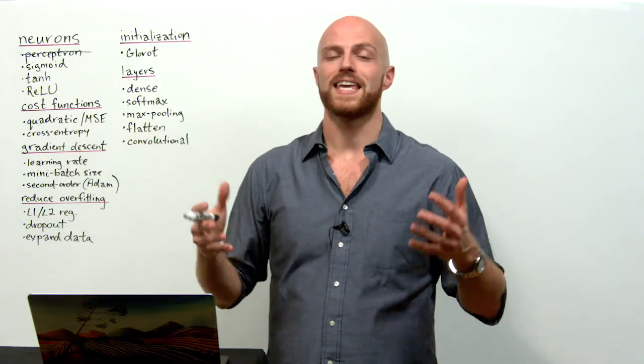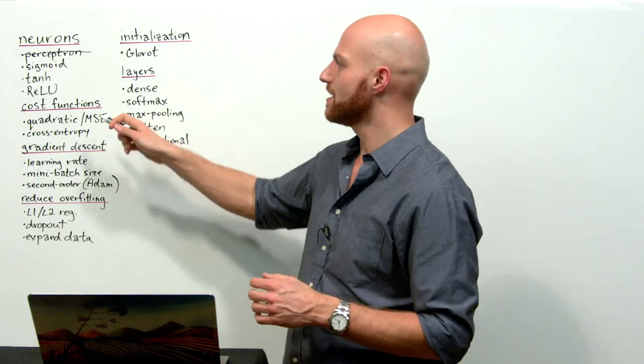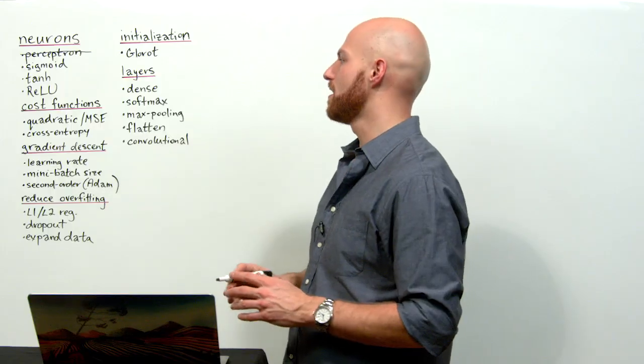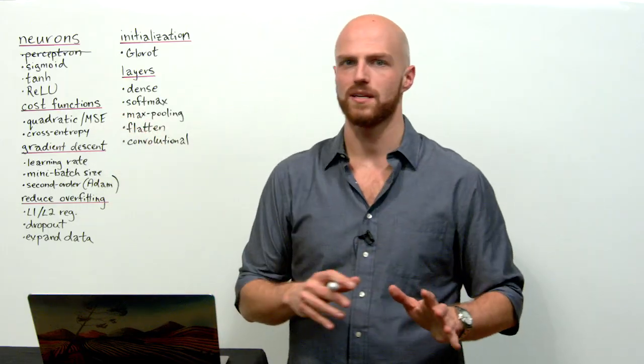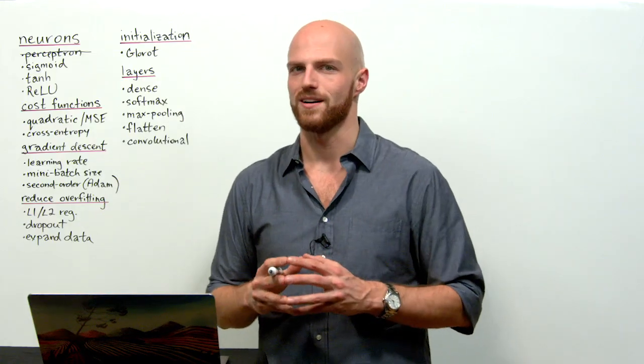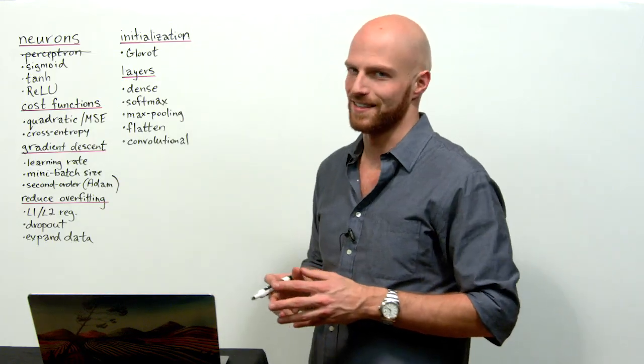But in these live lessons, we will see an instance of using mean squared error anyway. Cross entropy is typically the cost function of choice, but we will be using quadratic cost once at least in these live lessons.